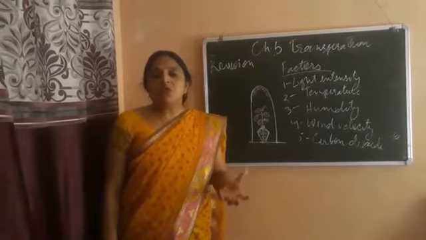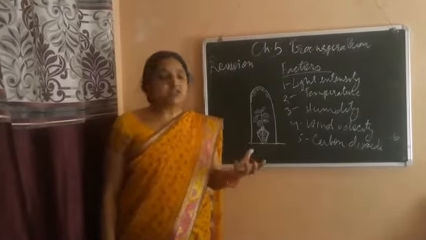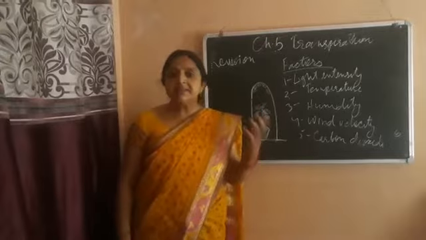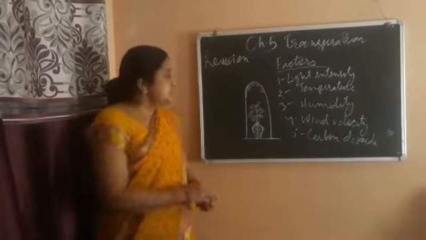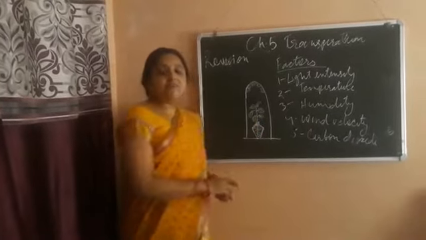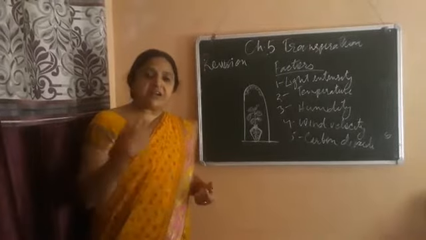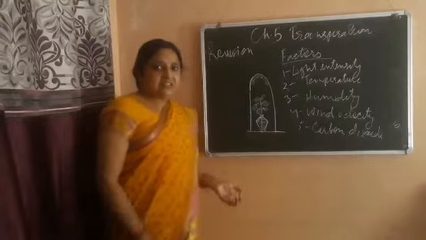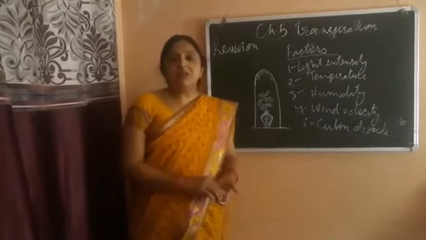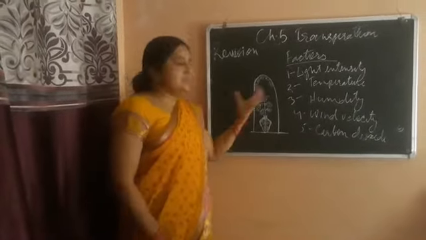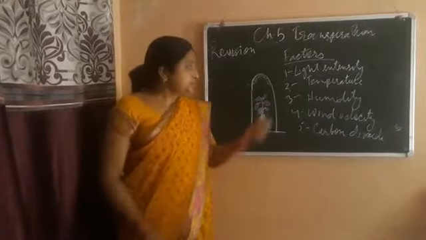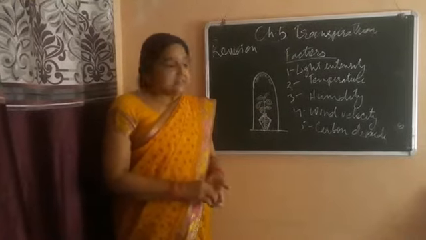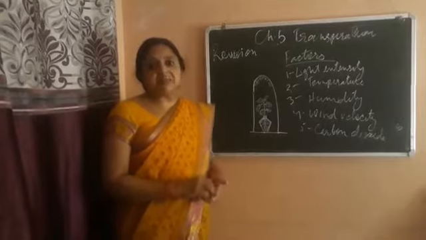You all know what the condensation process is. After evaporation, the condensation process occurs. Means evaporation occurs in the form of water vapor, and after condensing, the vapors convert into droplets. So the water, because of the condensation process, turns into droplets. This is the process of transpiration.